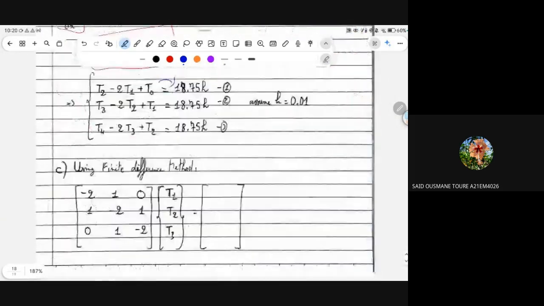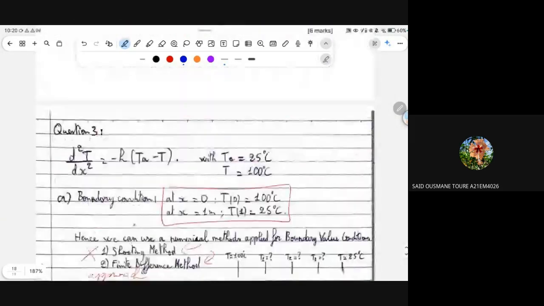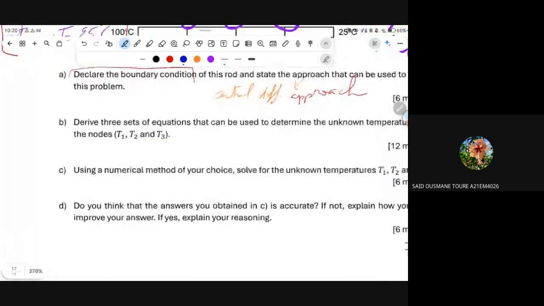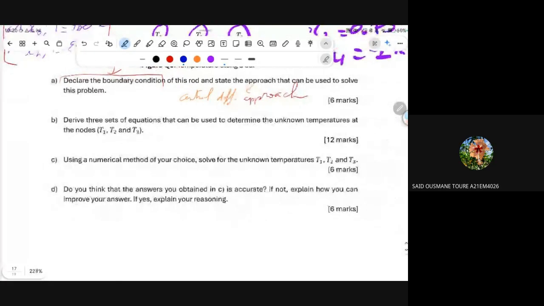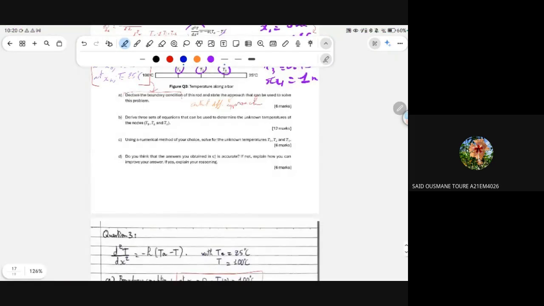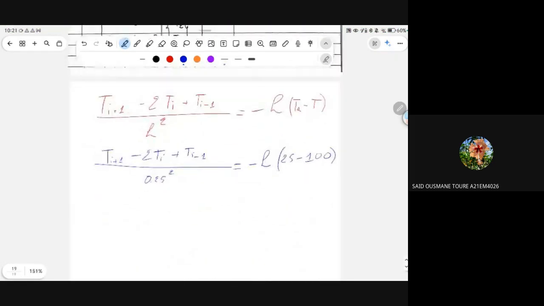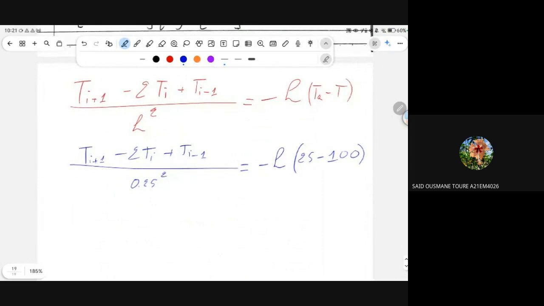Okay. So now, as they mentioned, they need three sets of equations that can be used to determine the unknown temperatures of the nodes T1, T2, and T3. So how can you implement T1?